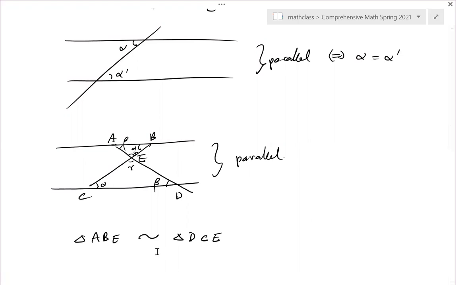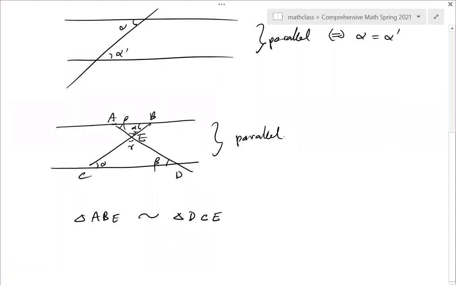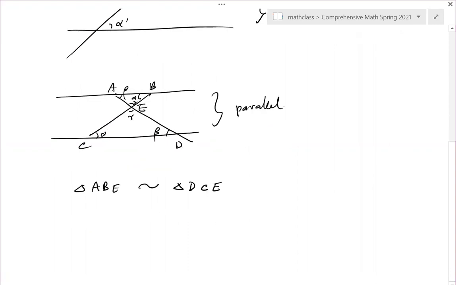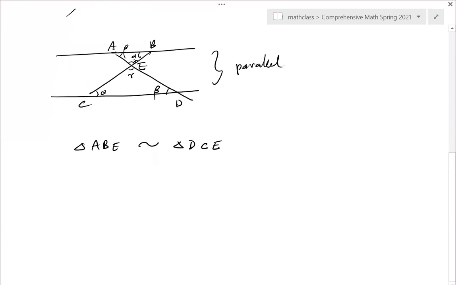So you can get the ratio of the corresponding sides. A typical example is inside the circle. Here's a question, application one.